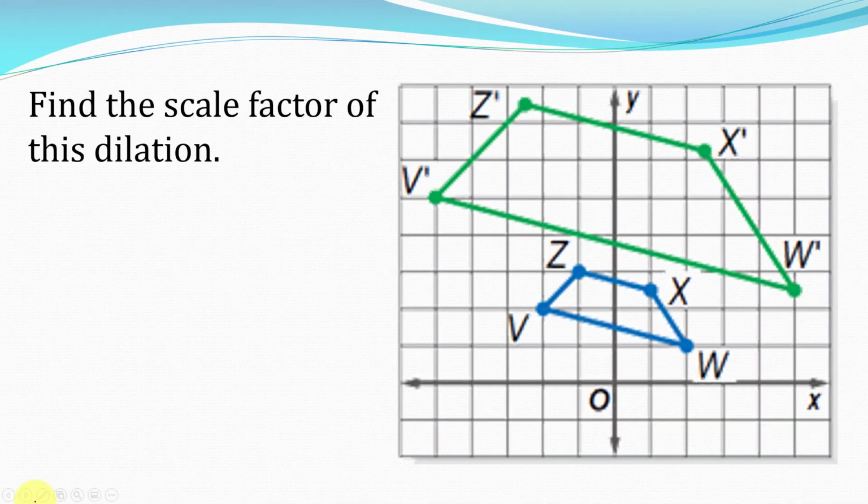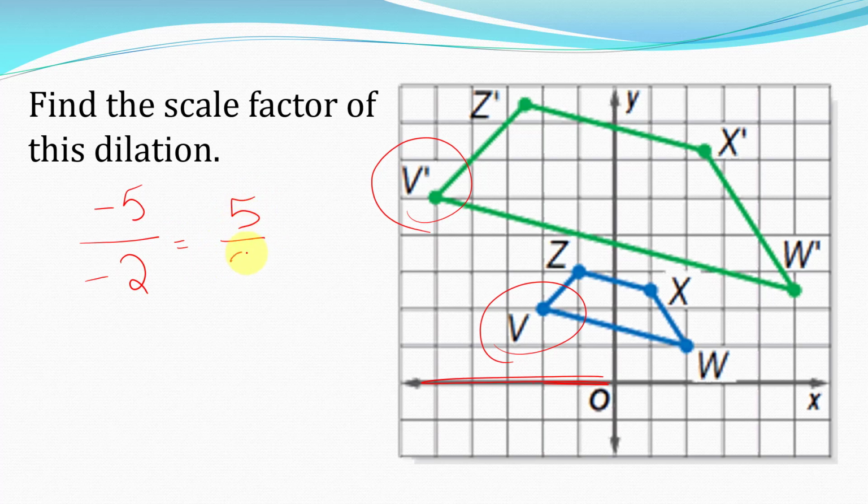Okay, the scale factor for this one, pick any coordinate. I'm going to pick V because it's right on the line. So for the image, we'll just go with the x-coordinate. It is 1, 2, 3, 4, 5. It is -5. And the pre-image is -2.